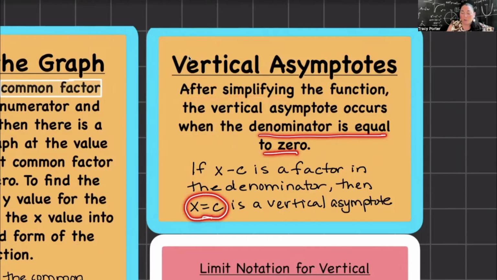And so it is an equation. And remember, we write it on our graph when we do sketches. We're going to use dotted lines to indicate vertical asymptotes. And since it's an equation, we have to write it as x equals a value. It's not just a value itself. So the equation of the vertical asymptote should be written as x equals whatever value it is.